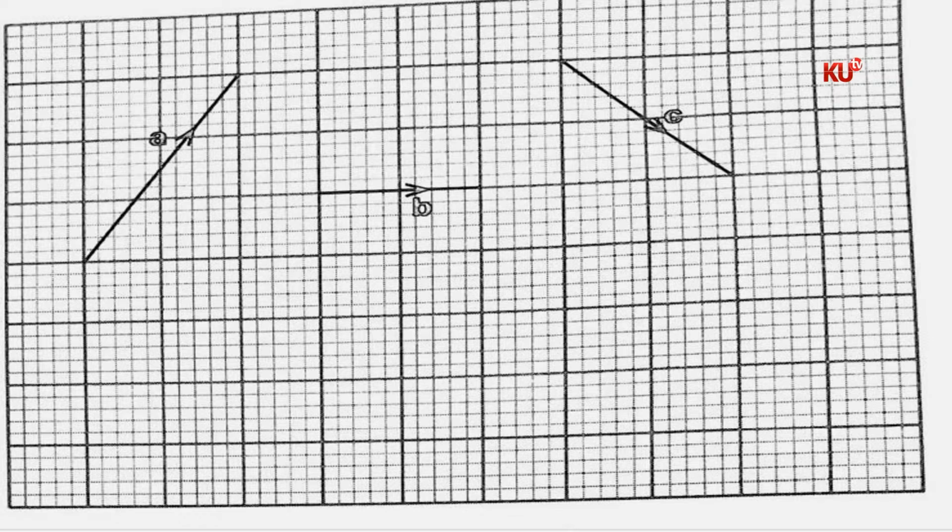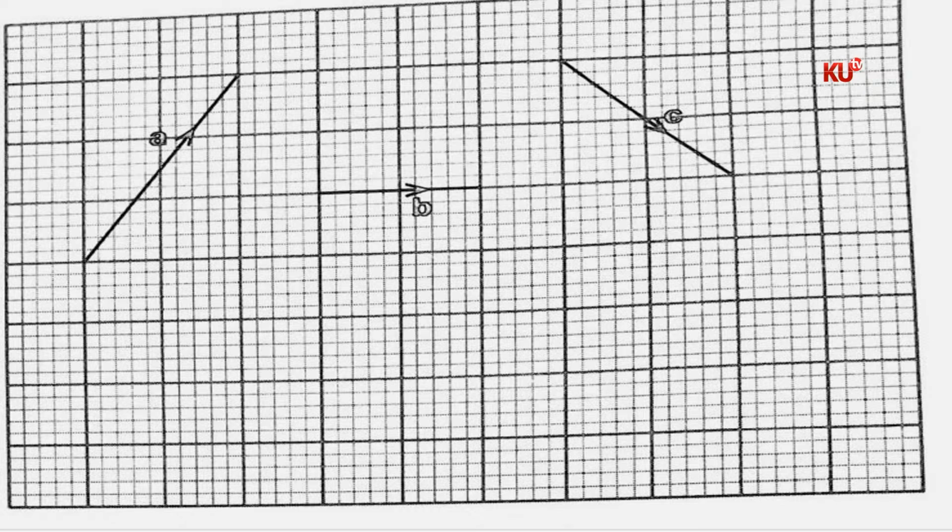Let's also look at vector C. Now, when you look at vector C, remember that a vector is a quantity that has both magnitude and direction. And in vectors, when you change direction, the sign also changes. Now, when you look at vector C, horizontally, it is covering 2.